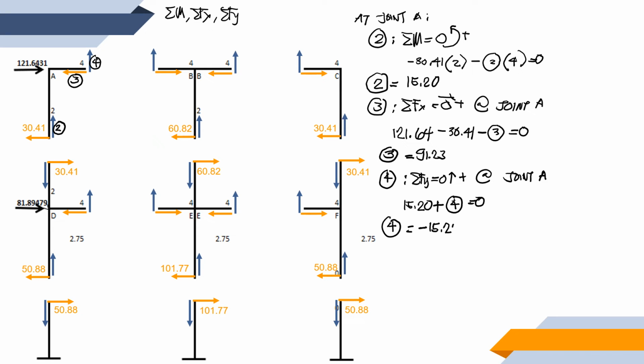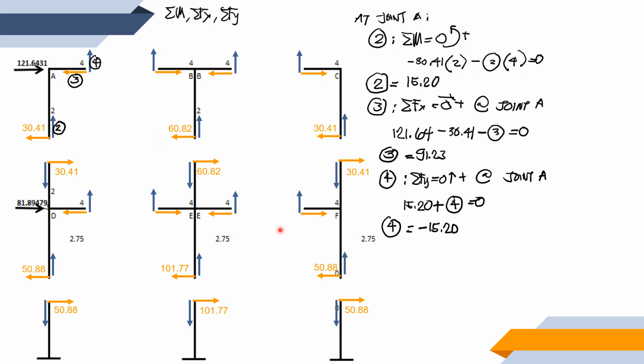Finally, we were able to get a negative value, meaning our force number 4 is not actually directed upwards. However, it is directed downwards. Nevertheless, we need not correct the direction of the arrows.